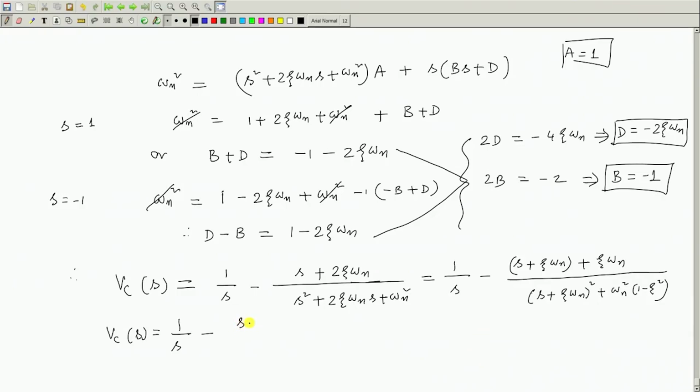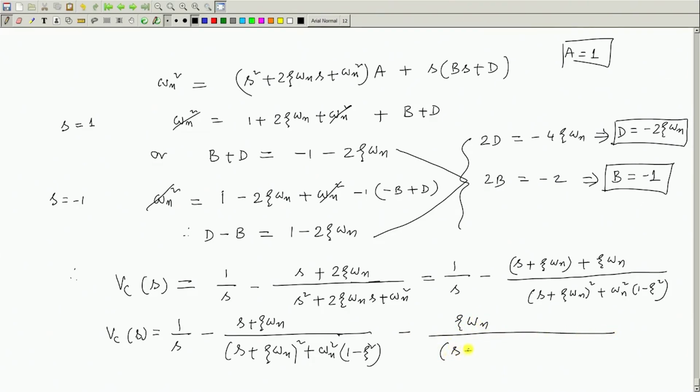So, it will be equal to s plus zeta omega n divided by s plus zeta omega n whole square plus omega n square into 1 minus zeta square. This will be the first term, this by this, then minus you have got zeta omega n by the same thing, s plus zeta omega n whole square plus omega n square into 1 minus zeta square.